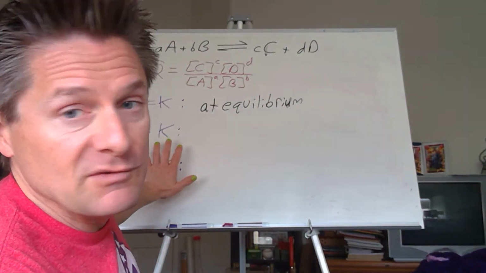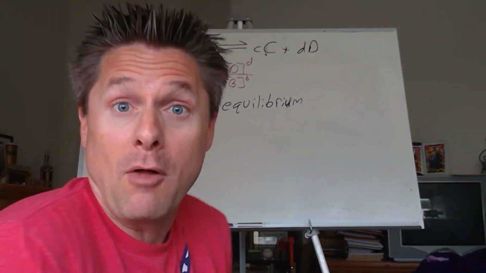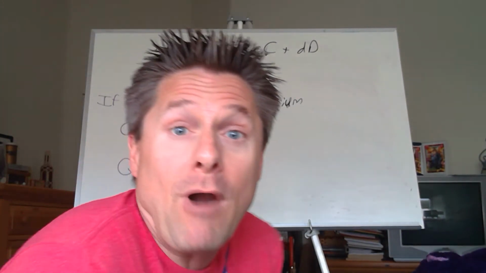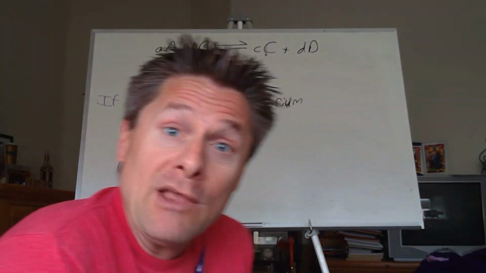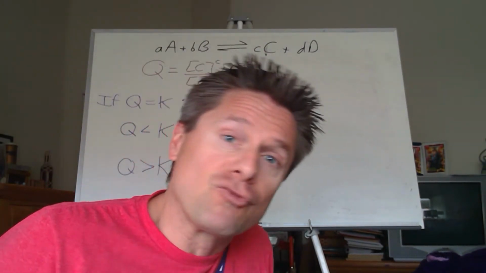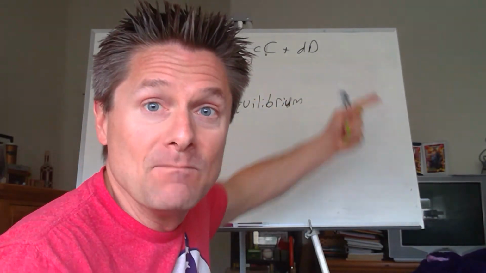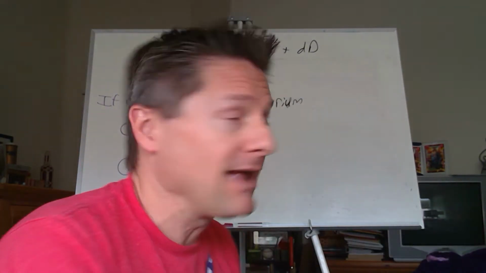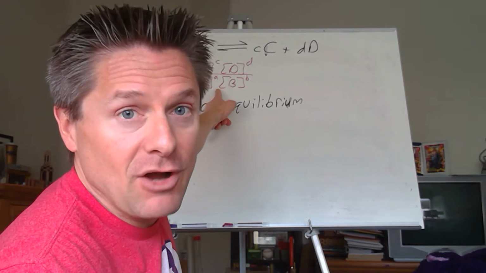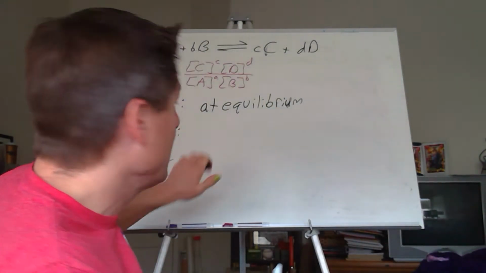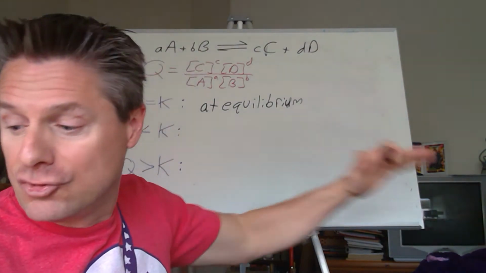Well, if Q is too small, that means our numerator is too small, right on? Which means we don't have enough products because products are in the numerator. So that means the reaction is going to drive more towards the right, towards the product side, and build up the product concentrations, reduce the reactant concentrations, and that will drive Q up until it equals K. So we call that a driving force to the right-hand side.